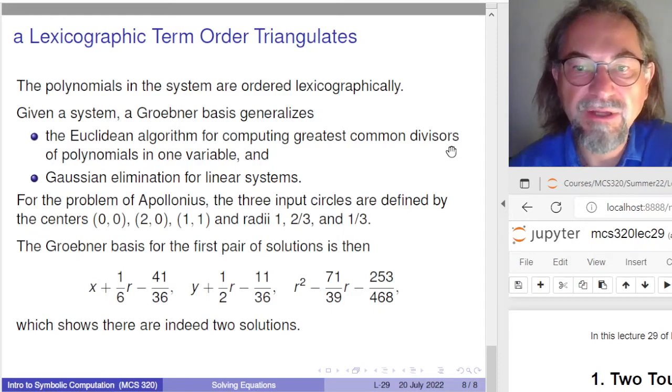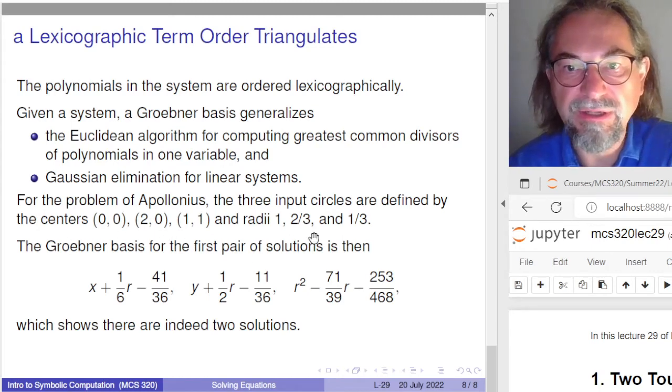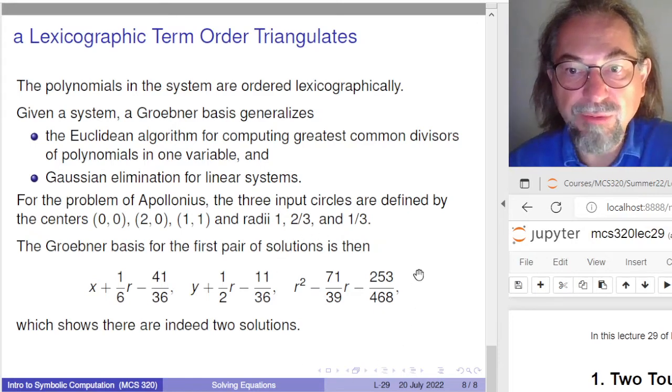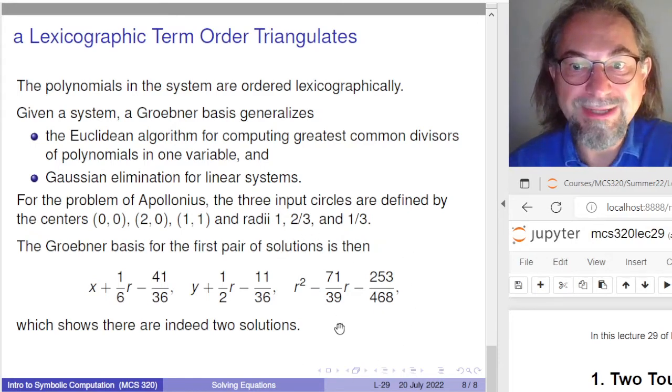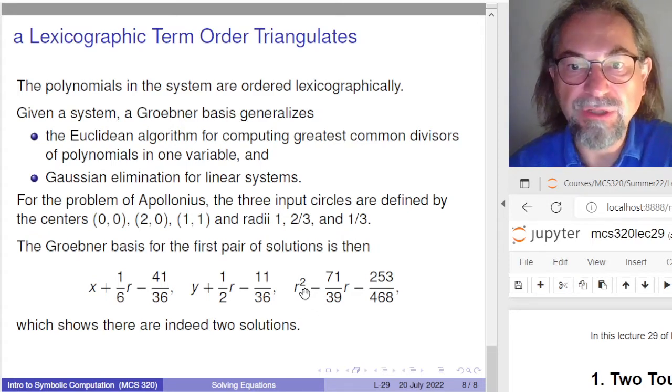You see that there are three equations, and they are a lot simpler than the given equations. So here you see the specific inputs again. So we have the last equation that occurs only in r. And this is a degree 2 equation.